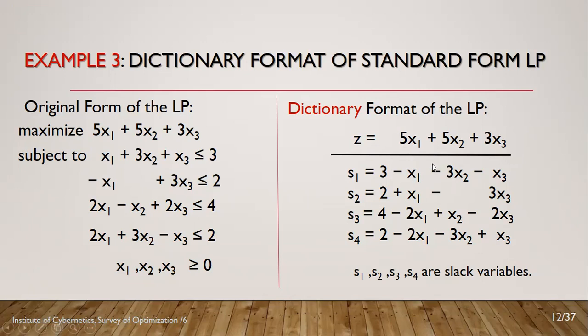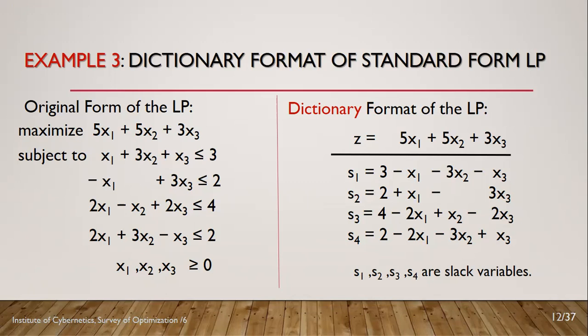So there is a line which separates the objective function from the constraints part. Here, S sub 1, S sub 2, S sub 3, S sub 4 are slack variables. No, we do not explicitly state this, but we keep in mind that all variables are non-negative in the dictionary format. The variables x sub 1, x sub 2, x sub 3 were initially non-negative, and the way we introduce the slack variables, they are non-negative too, according to the definition.